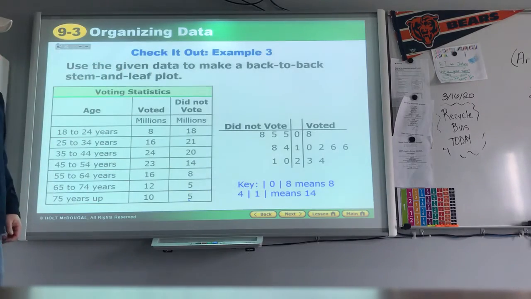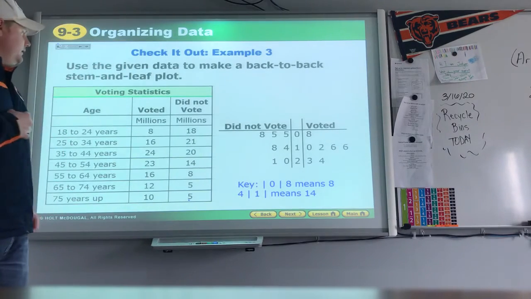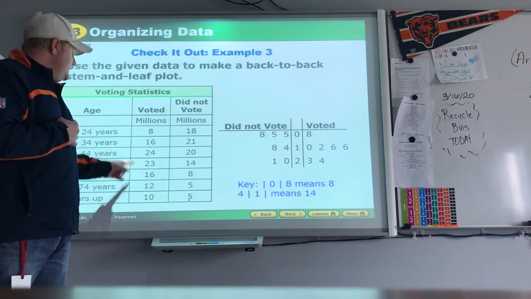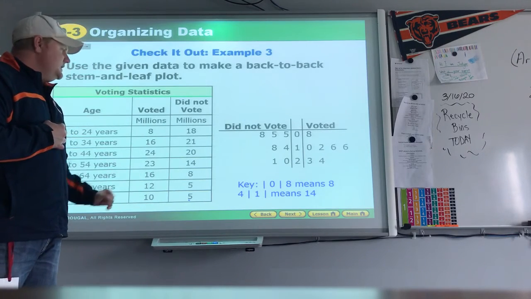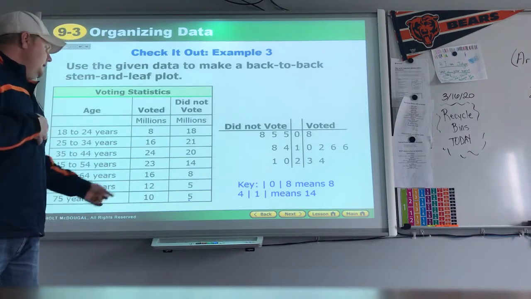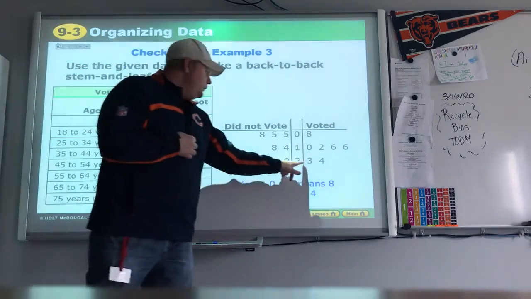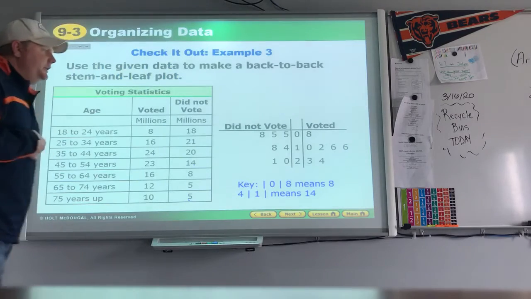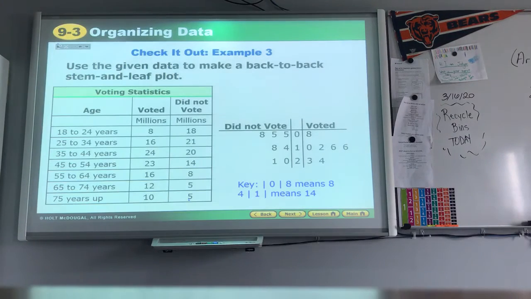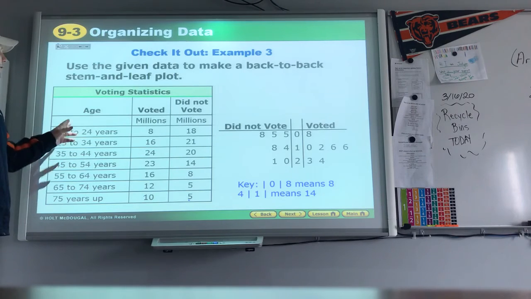Okay? And for the did votes, we only had 8 there. Then we see we have 16, 10, 12, 16 for the 1s. And we have 23, 24 right here. It's a way to quickly and easily see how things have gone in recent elections, or in recent age groups for the election.